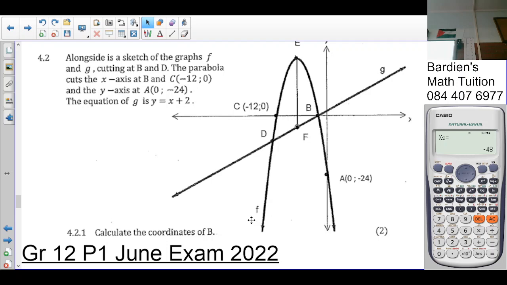The equation of g is y is equal to x plus 2.